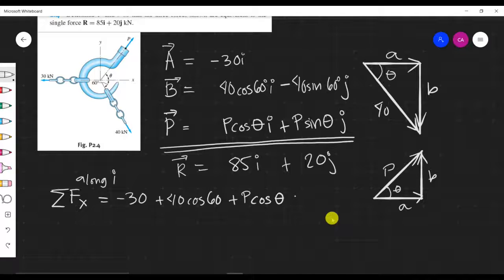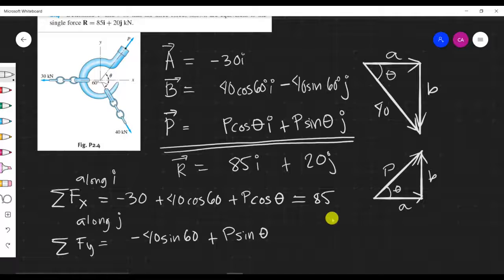Dapat yan daw ay equal sa 85. Then along j, summation of forces Y, which is una 0, then negative 40 sine 60 yung j, then plus P sine theta, okay, sine theta equals to 20.